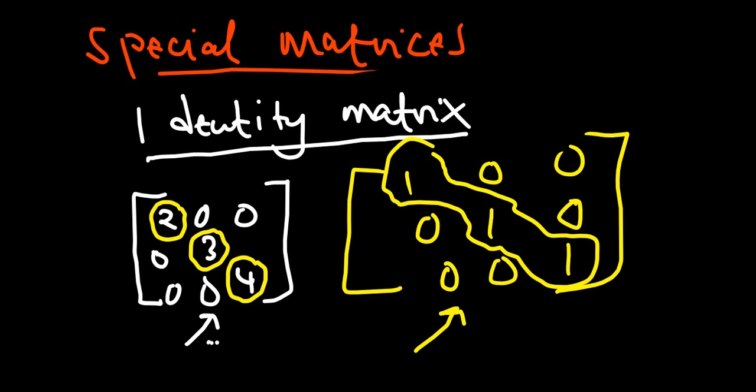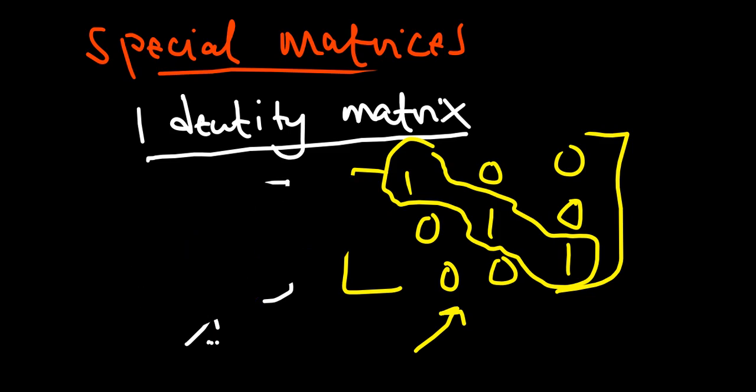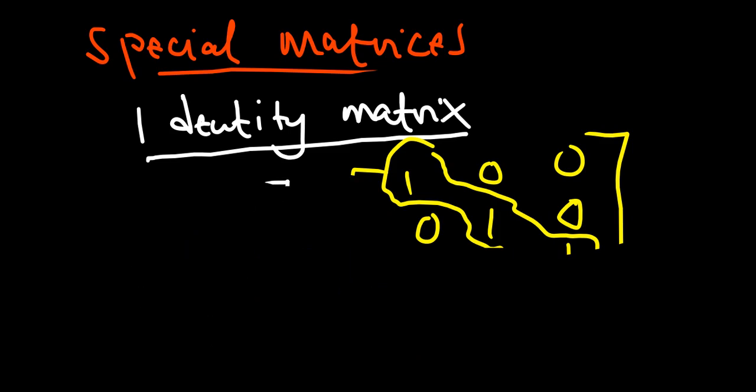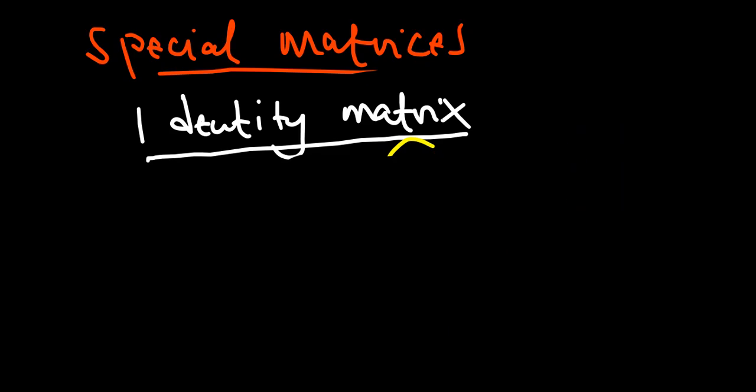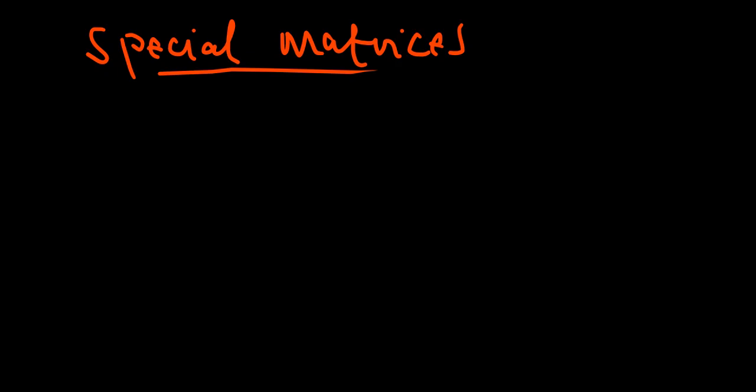This identity matrix is very special when we talk about matrices because it acts as a 1. When you get any matrix and then you multiply it by the identity matrix, you are just going to get the matrix itself.